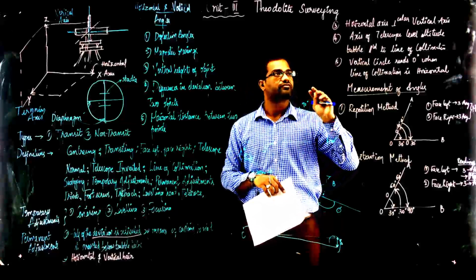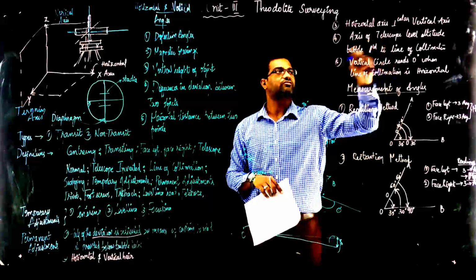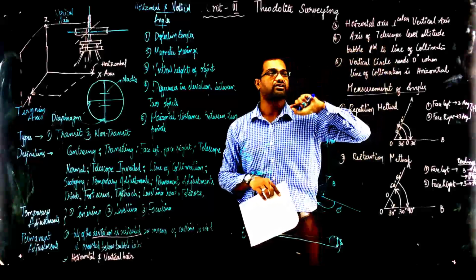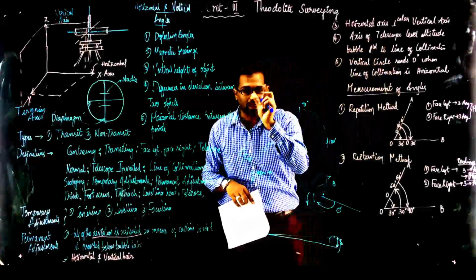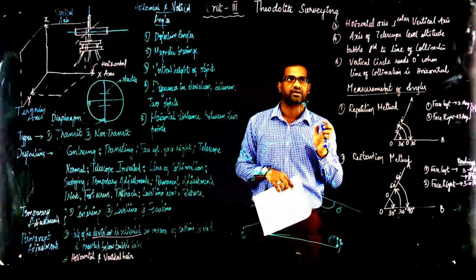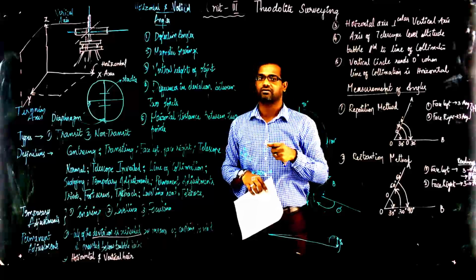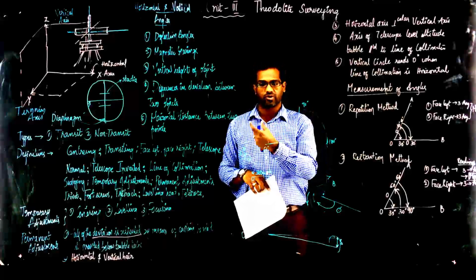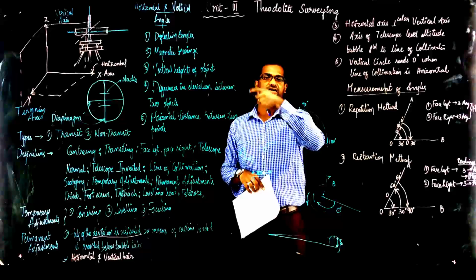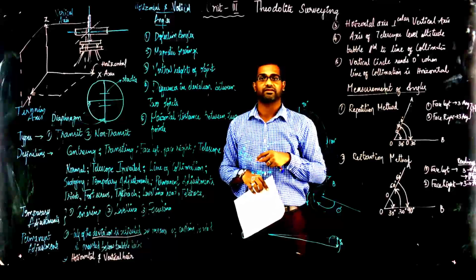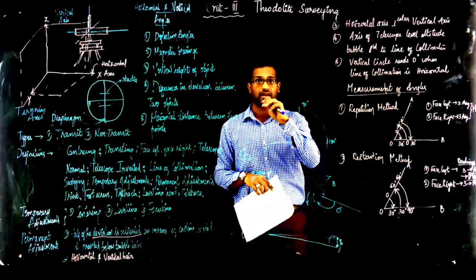The fourth is that the axis of the telescope level, the altitude bubble, should be parallel to the line of collimation. The axis of the telescope and the line of collimation, and the altitude bubble near the vertical circle, all these three should be parallel to each other.